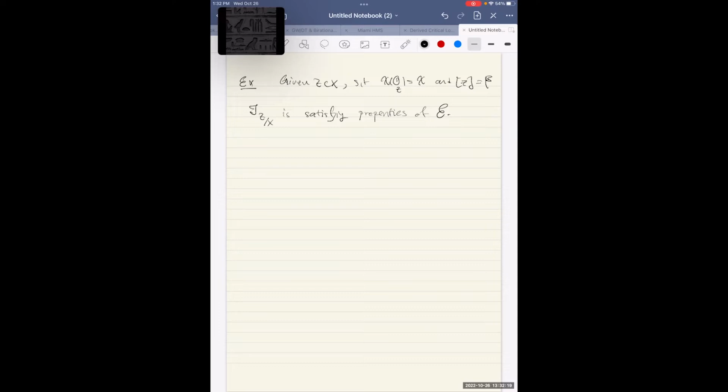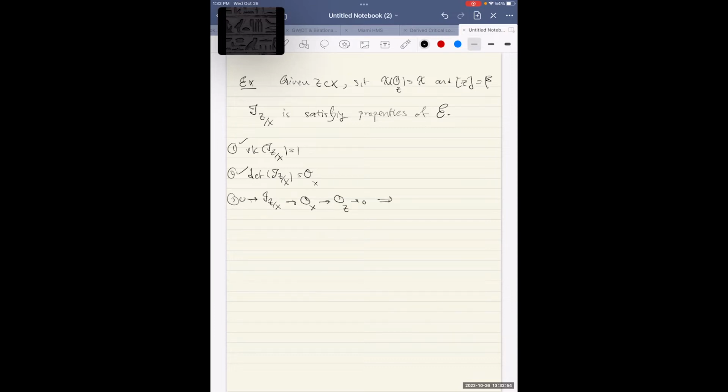Is that true? Well, yes, it's true because first of all, the rank of I_ZX is equal to 1. The determinant of I_ZX is equal to O of X. That's correct. And then how about the Chern character? So this is correct, this is also correct. Regarding the Chern character, I_ZX sits inside an exact sequence like that.